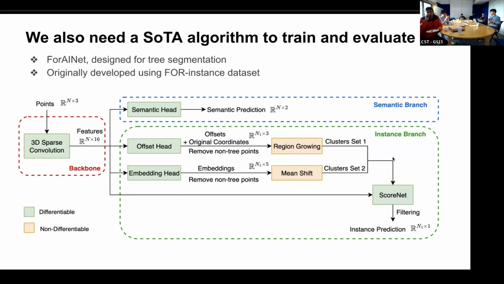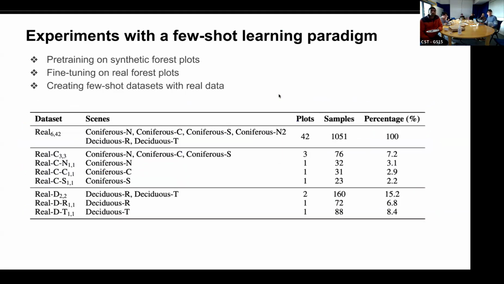But the synthetic data we have generated, which I have just shown you, only contains 2 semantic labels, tree and ground. So here we just run a reduced setting of the semantic branch by mapping the semantic prediction to only 2 labels. This is the modification we have made to the original algorithm.